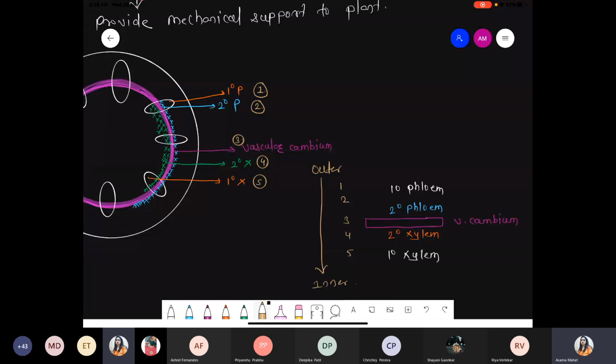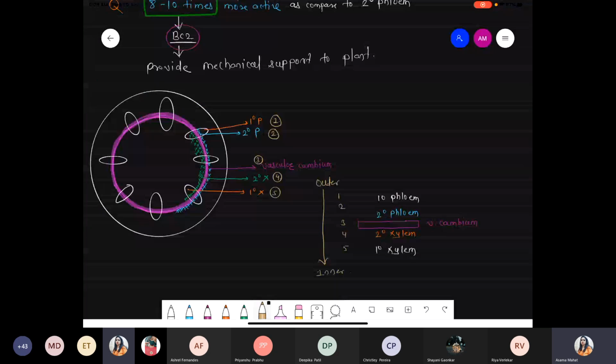And remember one thing: the primary phloem and primary xylem get crushed at a later stage, because they are primary in origin and are very thin, delicate, small-sized cells. Ultimately, when the vascular cambium shows more growth and adds new secondary xylem and secondary phloem, the primary xylem and primary phloem slowly get crushed.